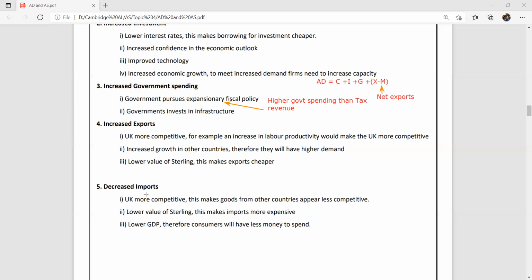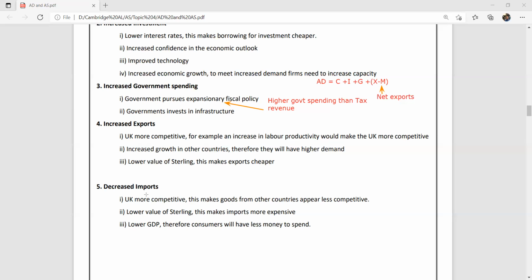Then it represents the actual quantity that the economy has produced. So here, if the UK becomes more competitive, for example, an increase in labor productivity would make the UK more competitive. Simply, exports increase due to competitiveness and labor productivity.